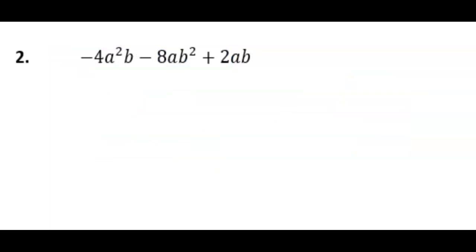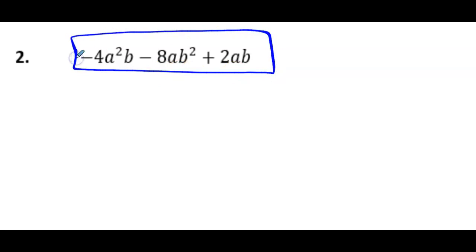Okay, let's try this one. I'm going to use the box method again because I really want you to get comfortable with that. Make sure your sign stays with your term. And what do these have in common? My number can't be bigger than any of these numbers, so it has to be 2 in this case, because this can be divided by 2, divided by 2, divided by 2, but 2 can't be divided by 4.